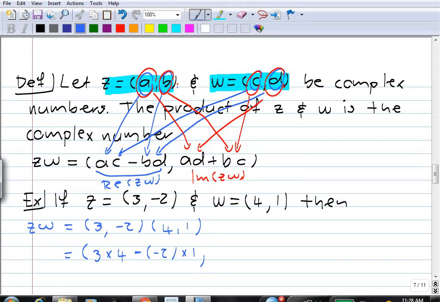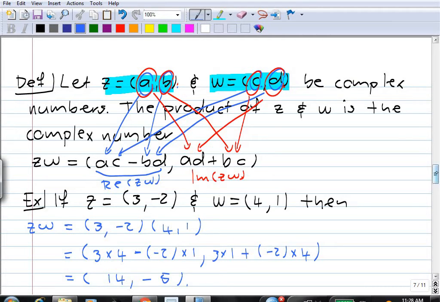That gives us the real part of Z times W. And now for the imaginary part, we take real Z, imaginary W, plus imaginary Z, real W. So this is going to give us what? 12 plus 2, so 14. And this is going to give us 3 minus 8, so minus 5.